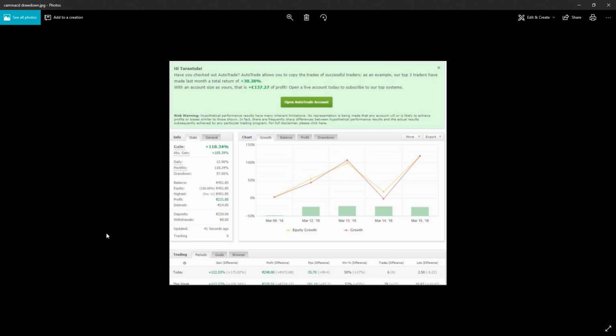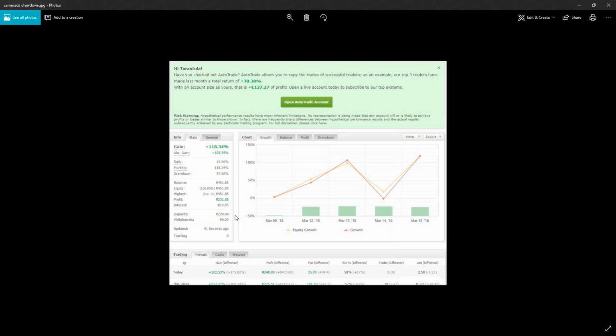You see on this account, the gain is 118.34%. But you see the size of this account. I made a 220 euros deposit, and as I always say, I made this just to show traders how they can double their account with the effective use of provided leverage.